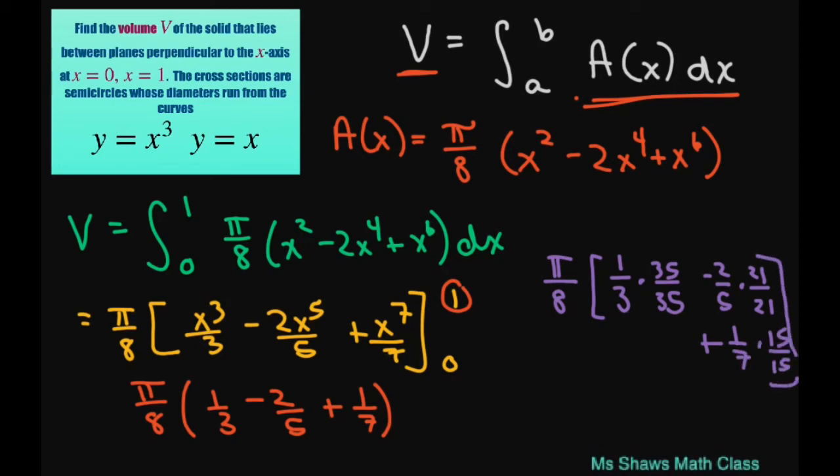However you get your common denominator. And this is going to give you pi divided by 8. And your denominator is 105. So that's going to be 35 minus 42 plus 15.